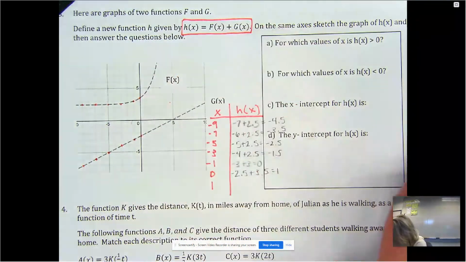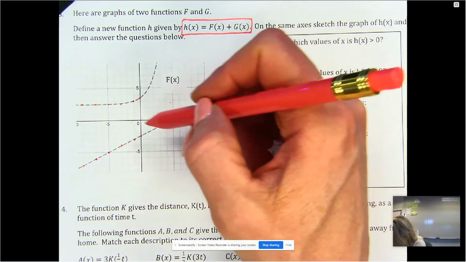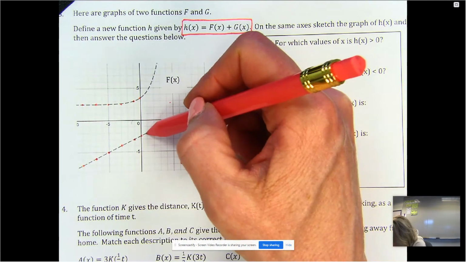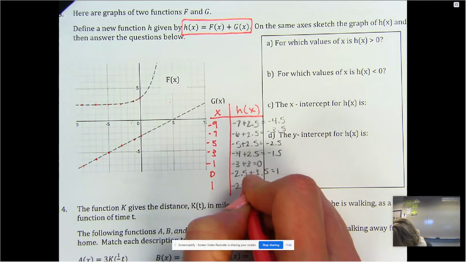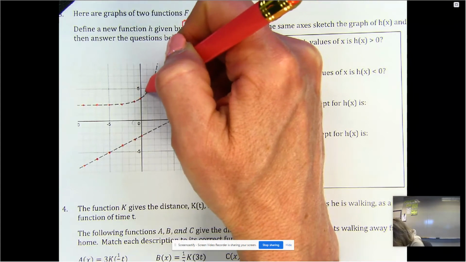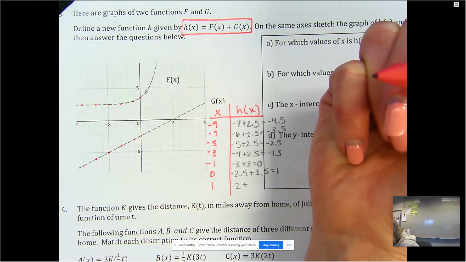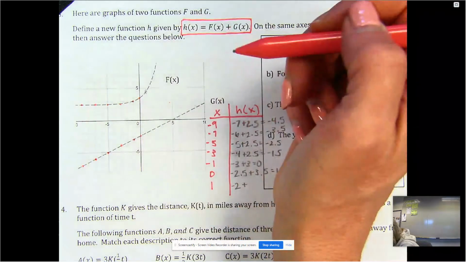And then I just went up to 1, which is here. This is at negative 2. And this is at about 4.5.